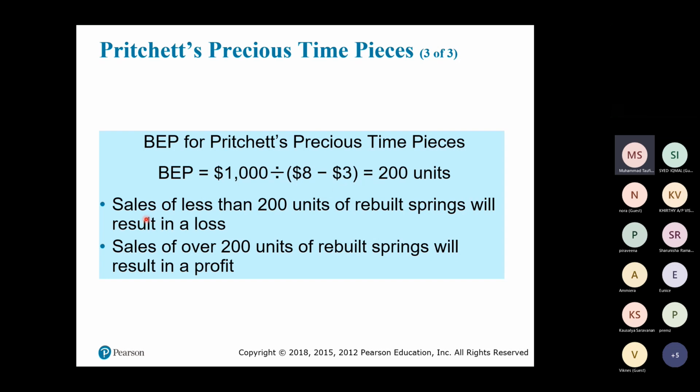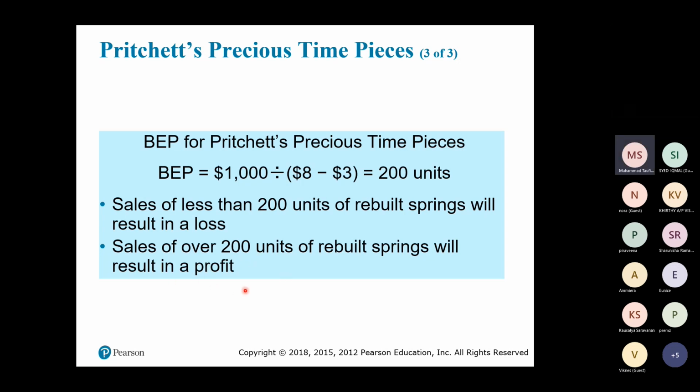Sales of less than 200 units of reduced spring will result in a loss. So if you are unable to sell more than 200 units, you will make a loss for your company. But if you can sell more than 200 units, then you can start to see your profit.